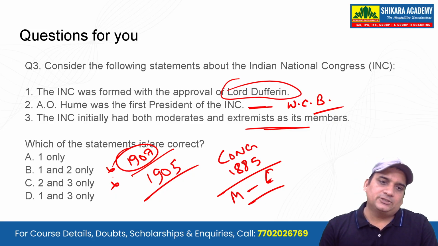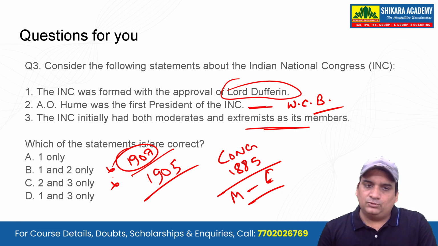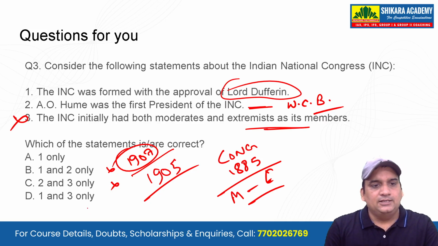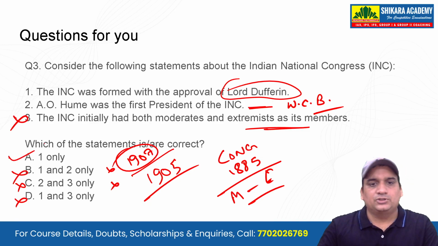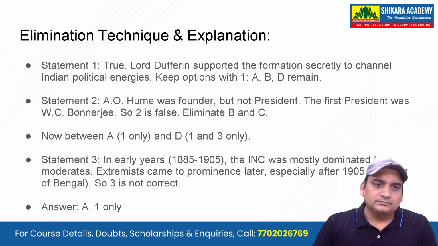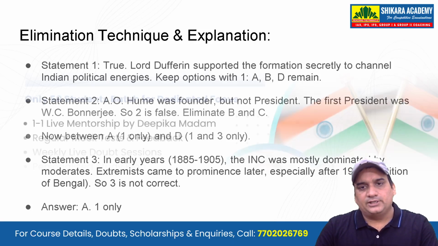So the INC initially did not have both. So guys, we have seen number 2 is wrong, number 3 is wrong. So wherever you have 2 and 3, just cancel that out, and you are left with only 1, that is, INC was formed with Lord Dufferin's support.